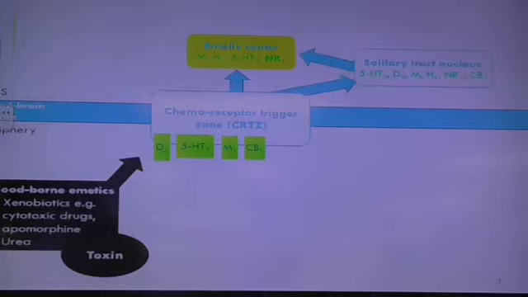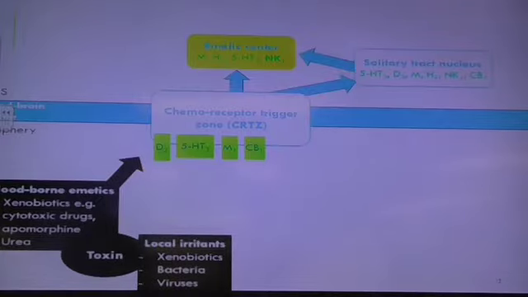But there is also a second part, which is the local irritant.